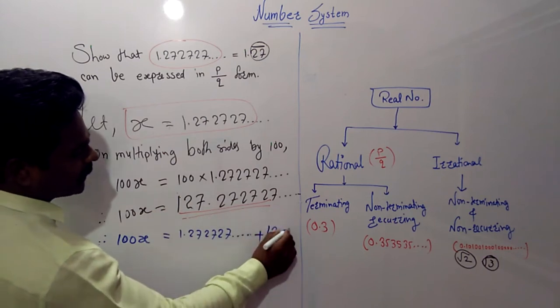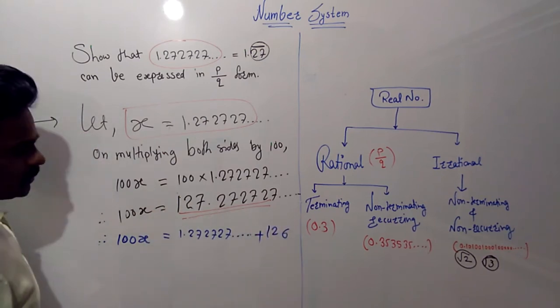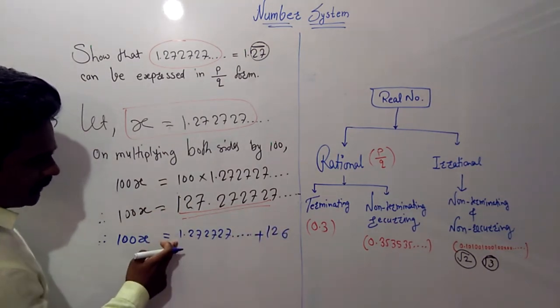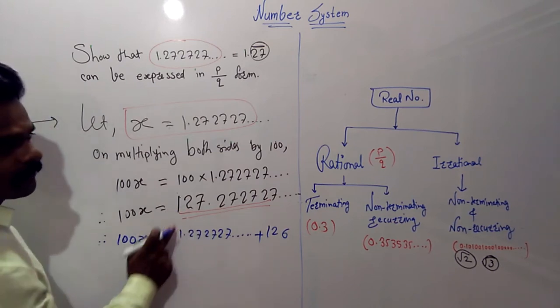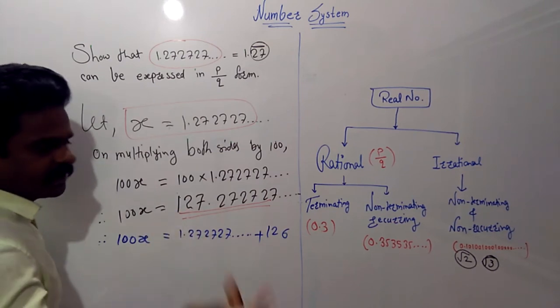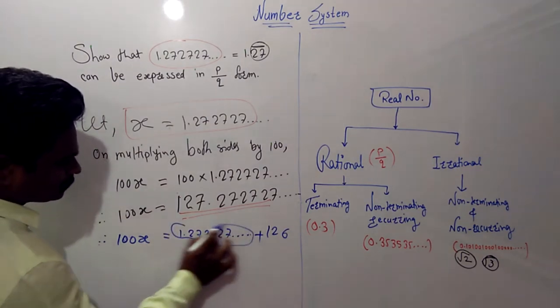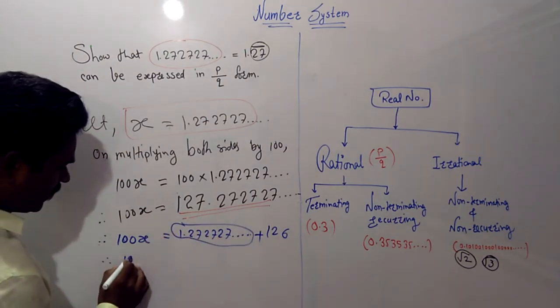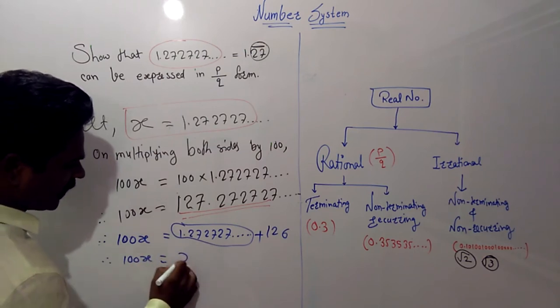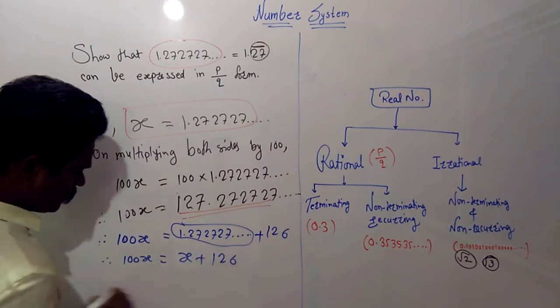It is only 126. So 126 plus 1.27, 27, 27 will become again 127.27, 27, 27 and so on. Okay, no problem. Now this is your x, as you know, therefore 100x is equal to x plus 126, no problem.